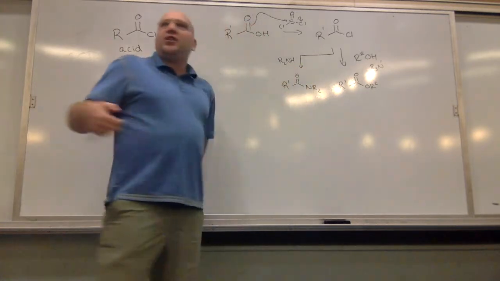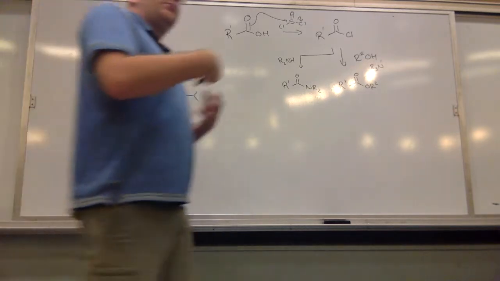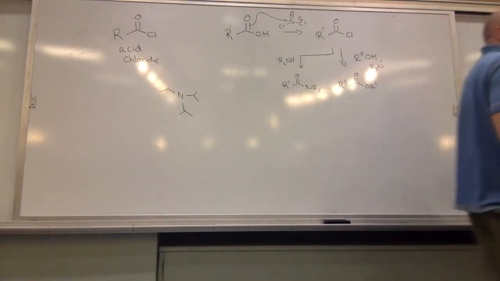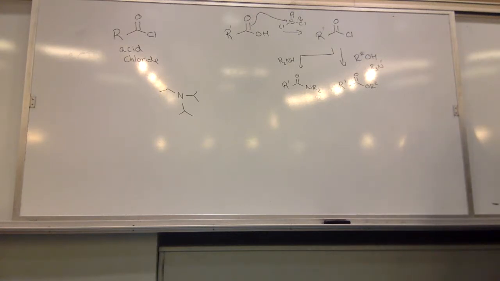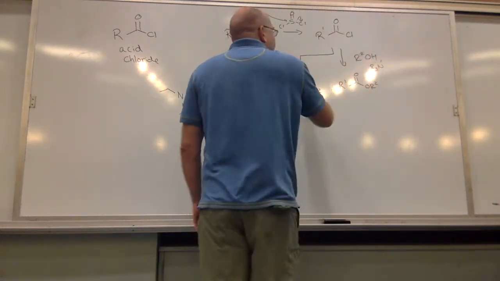A tertiary amine isn't going to lead to that because eventually you need to deprotonate right after it adds in. But as long as you have a secondary or primary amine, you can get to the secondary or primary amides. So you can make carbon-oxygen bonds, and you can make carbon-nitrogen bonds.